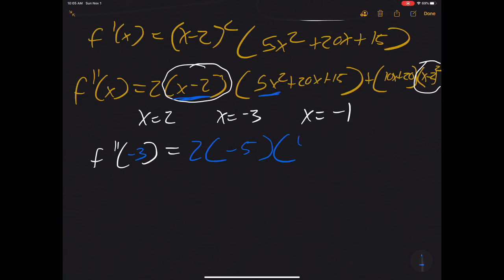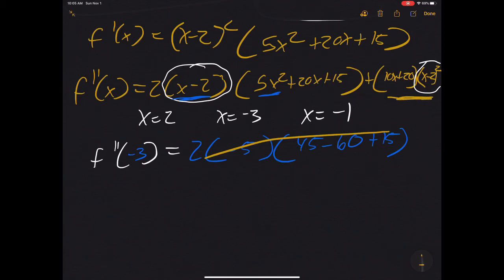Positive 9 times 5 is 45. Plus negative 3 times 20 is a minus 60, plus 15. And 45 minus 60 plus 15 just cancels. This whole term dies because we're multiplying by 0, and we just have to plug in the negative 3 over here to see what happens.